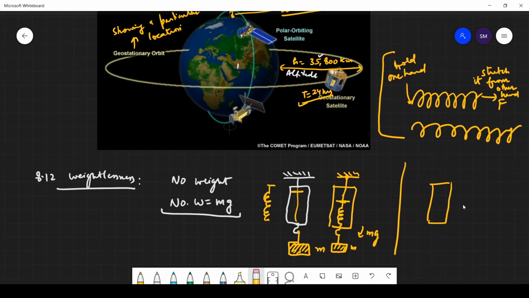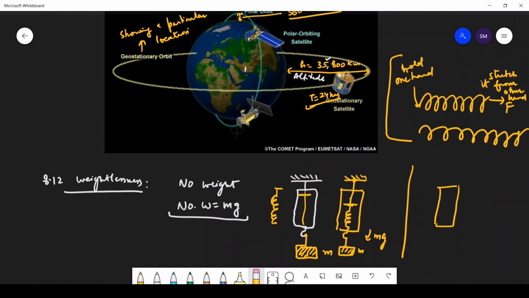This is a simple thing that you can do. Now, in the second case, I am not holding the other end, neither by hand nor with the wall, that's your choice.